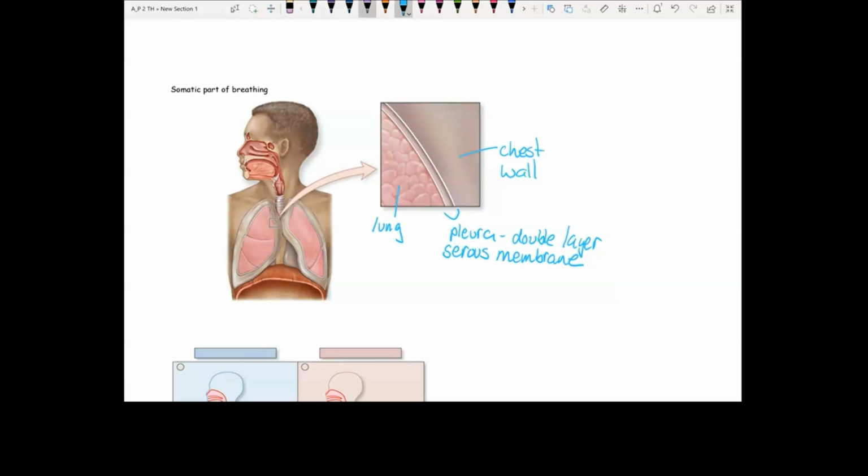So if we look at the layers, you have right here on the surface of your lung is the visceral layer. Then you have here, attached to the chest wall, is the parietal layer.